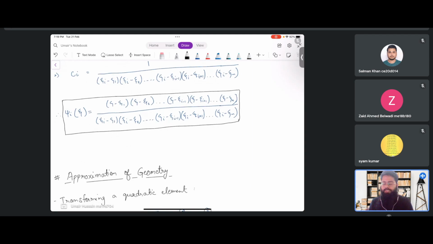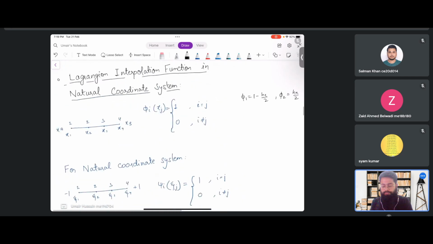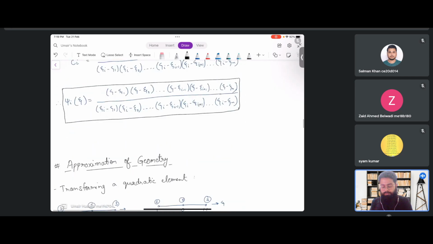So that's a fast and easy way to get the interpolation function for any 1D element. You can have as many points as you want.